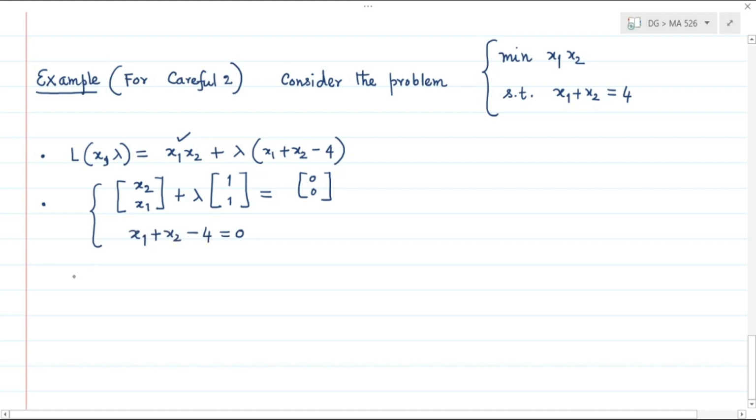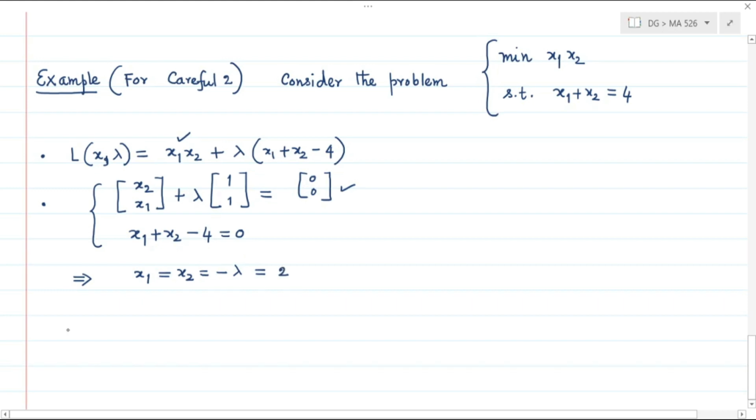From here you try to solve for x and lambda, and you can quickly find from the first equation that x1 is equal to x2 is equal to minus lambda, and from the second equation x1 plus x2 is equal to 4, you are going to get the value 2.